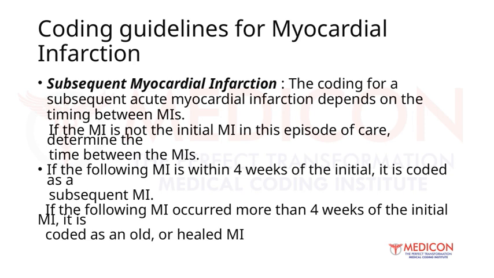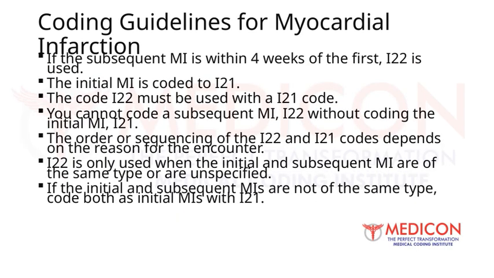When coding for myocardial infarction, it's important to understand the guidelines for subsequent MIs. If a patient has a second MI within 4 weeks of the first, we use the code I22. Now, for the initial MI, we always assign the code I21.